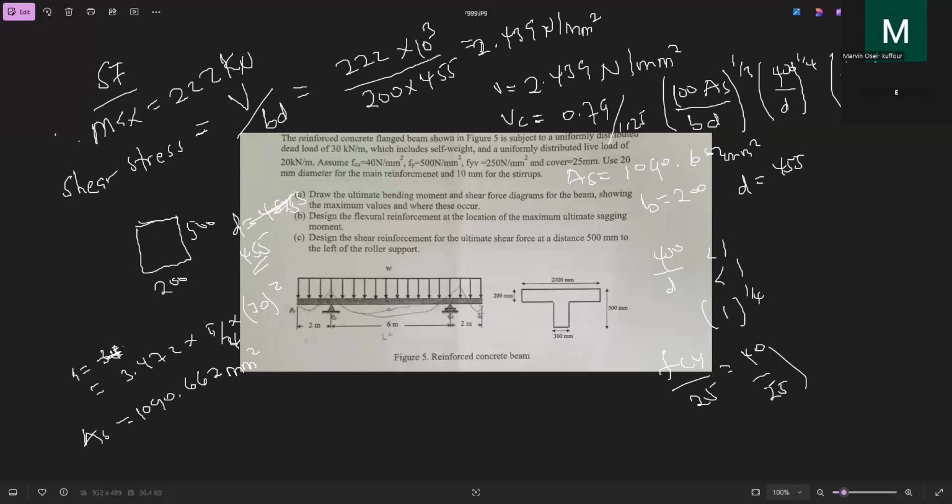So 40 over 25. I think 400 over 455 is less than 1, so it means that you maintain 1 there.